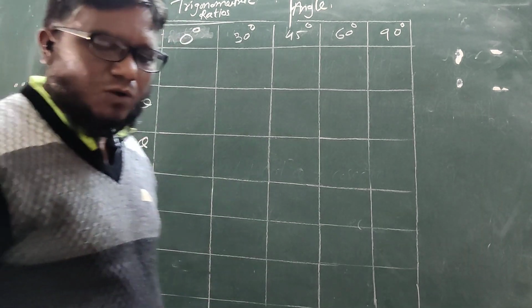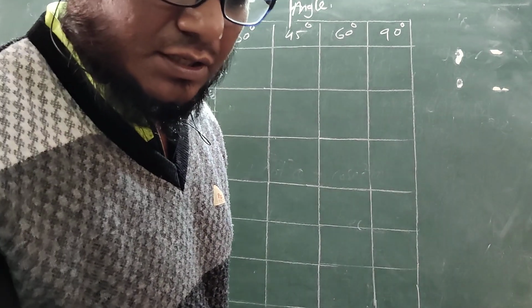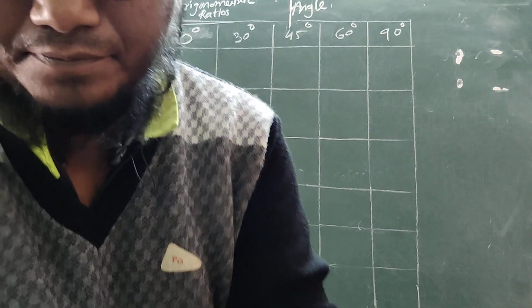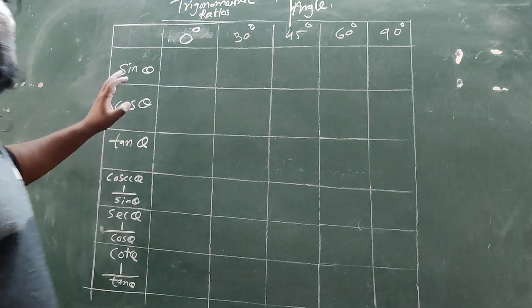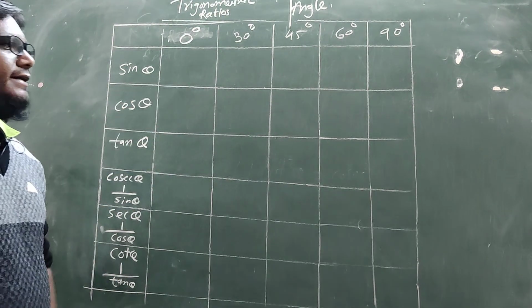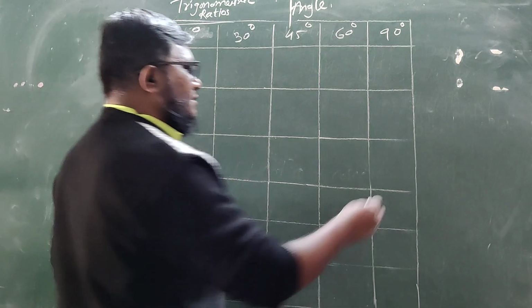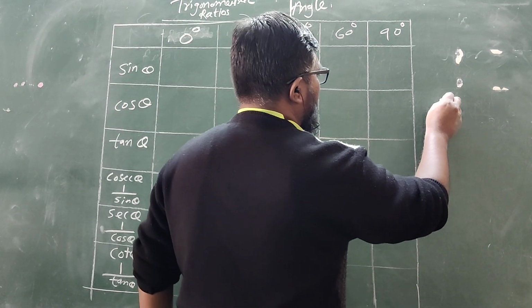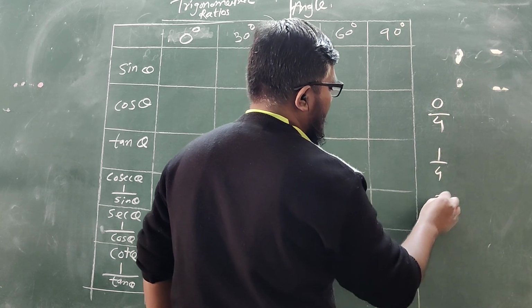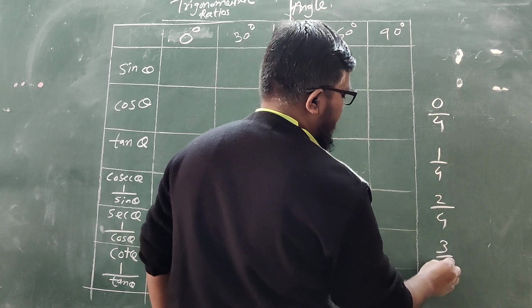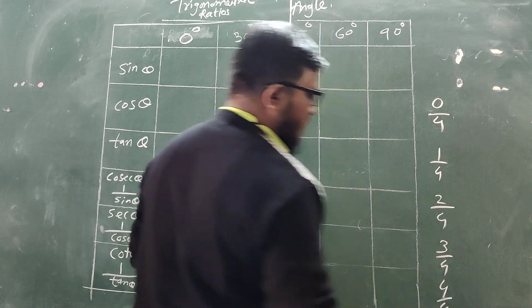Now we have to prepare the table for knowing the value of trigonometric ratios for a particular angle. We'll write some numbers: 0 upon 4, 1 upon 4, 2 upon 4, 3 upon 4 and 4 upon 4.